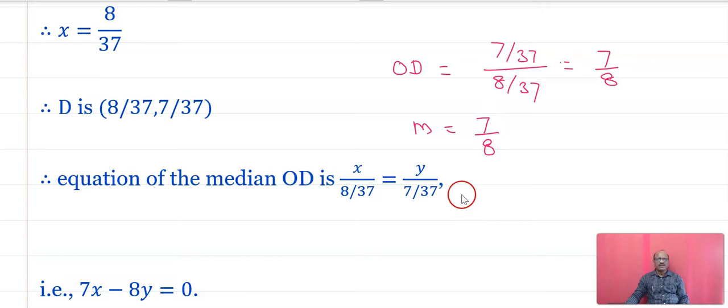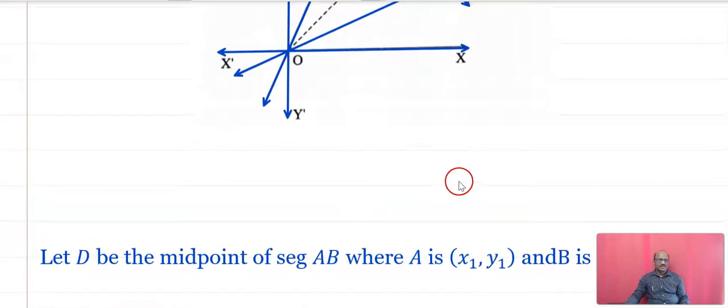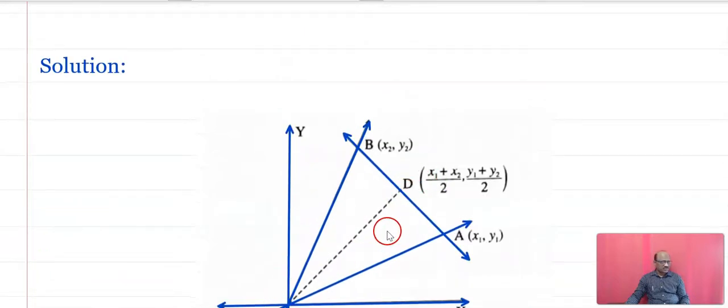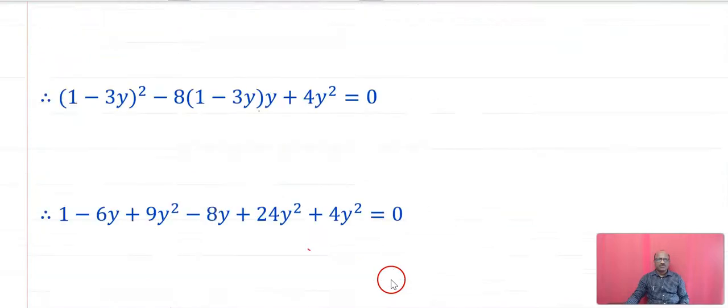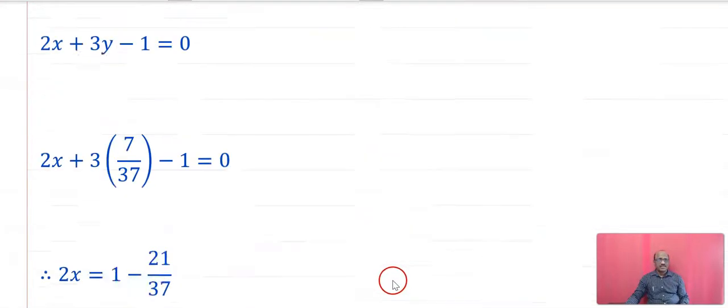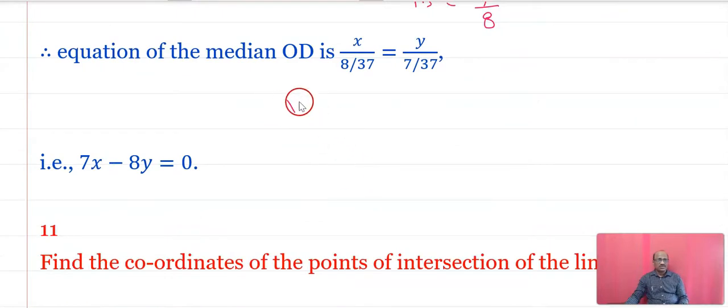As the median passes through the origin, its equation is of the form y is equal to mx. And we know the slope of the line. What is the slope of the line? 7 upon 8. What is the equation of the median?